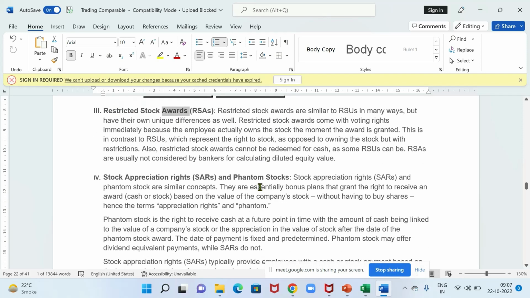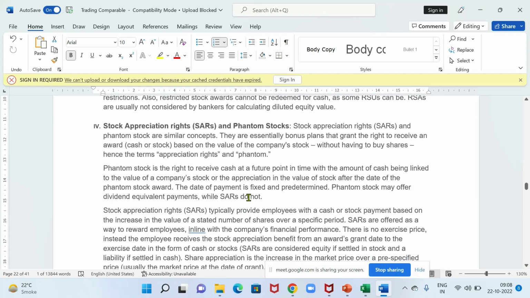There'll be a stock appreciation right. It's similar. It might be cash settled or stock settled. If it is stock settled, we'll have to take it. If it is cash settled, we'll not. So it's again, different classes. Basically stock appreciation and phantom stocks are basically similar.